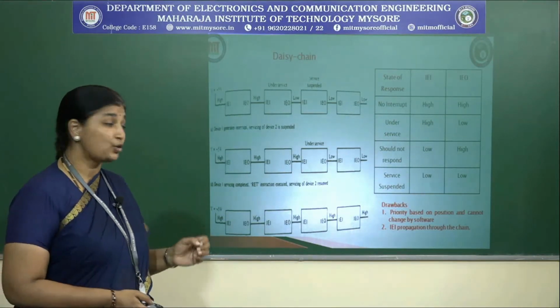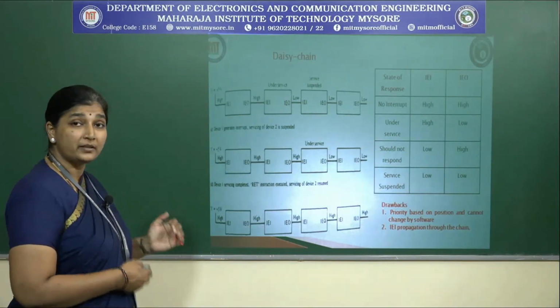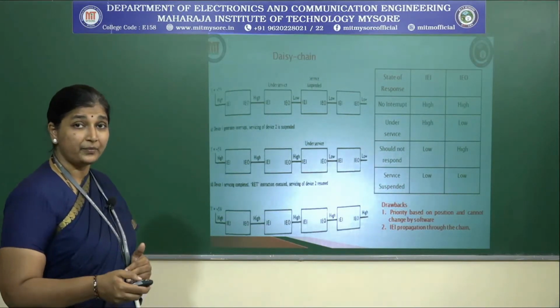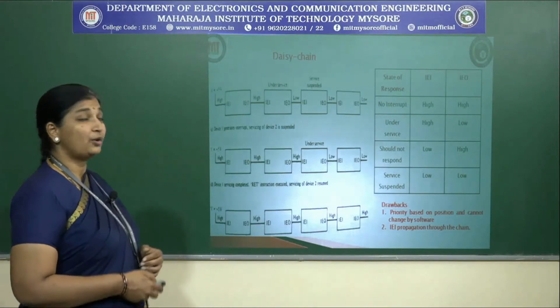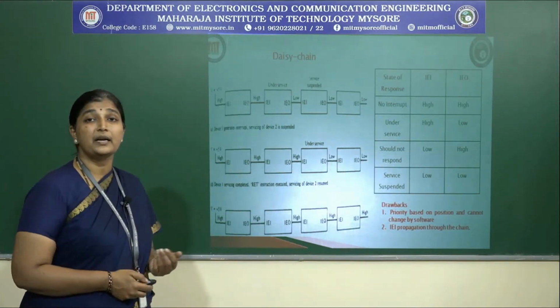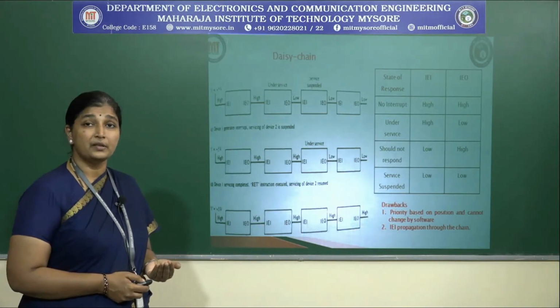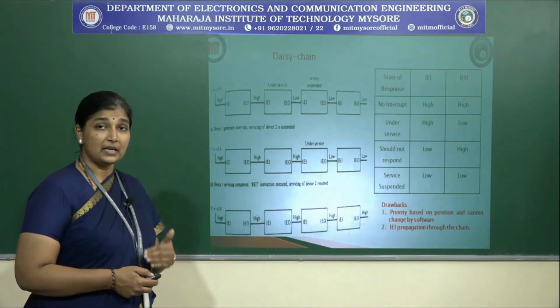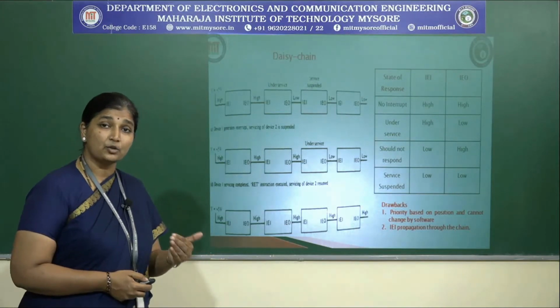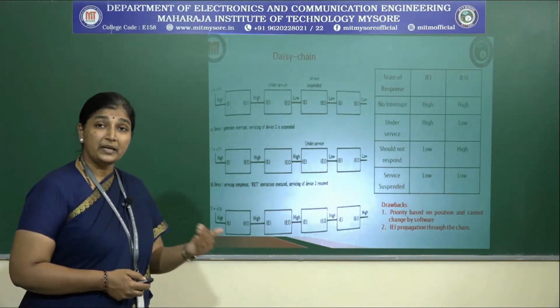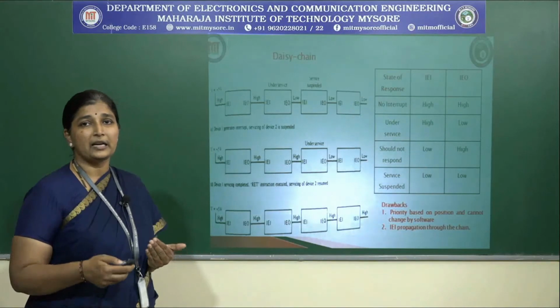So IEI has to pass through the entire chain. These are the two drawbacks of the daisy chain, but it definitely overcame the problem of setting the priority level, where if there is a high priority interrupt it is addressed first, and low priority would be taken care of later.